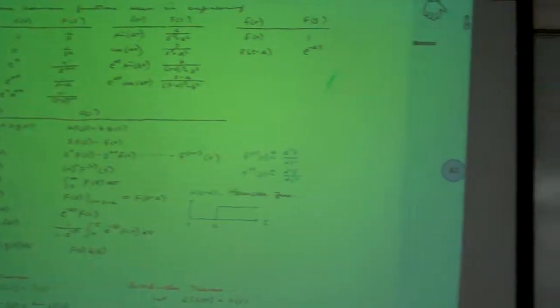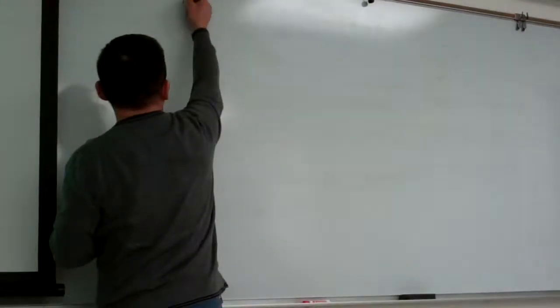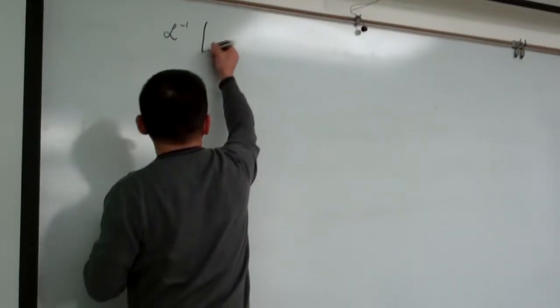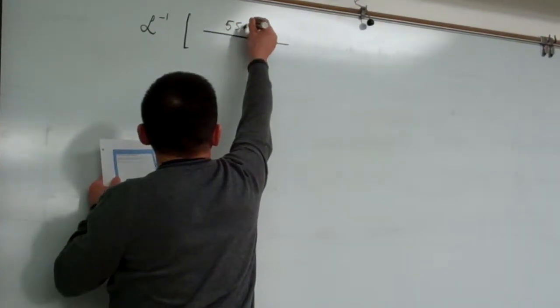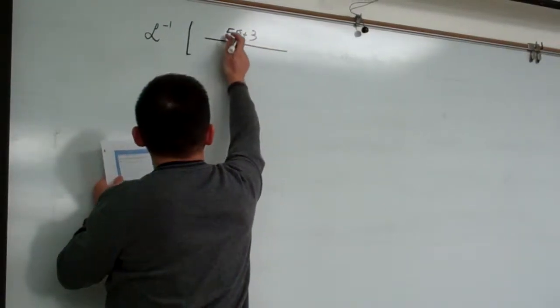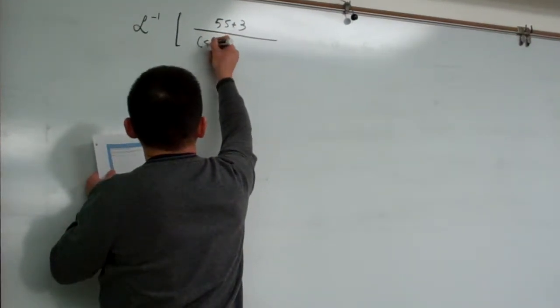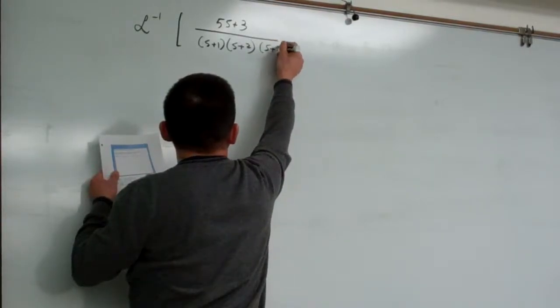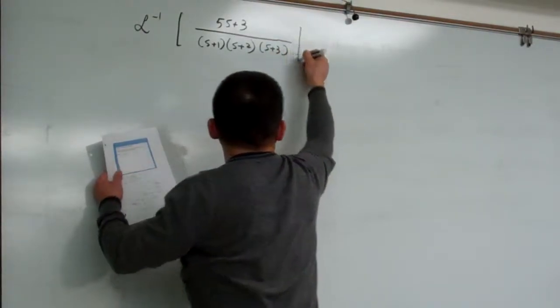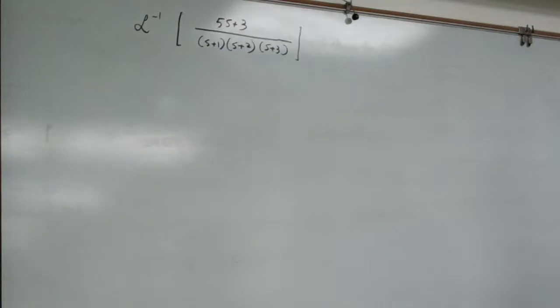So we can start from this example. If we want to take the Laplace inverse of these functions, okay, so if we have the Laplace transform, we want to get the inverse Laplace transform.